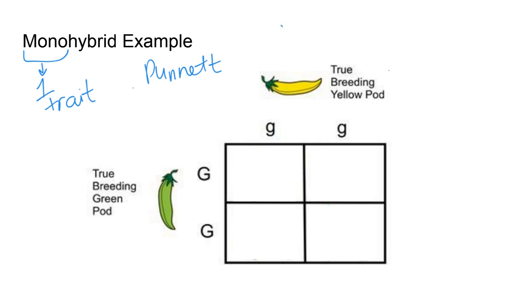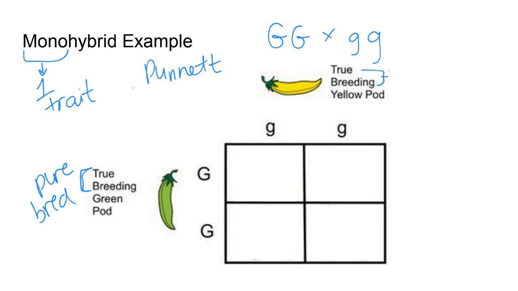So the initial cross is between these two parents, which is a big G, which is a true breeding, sometimes that is called a purebred green pod, and a true breeding or a purebred yellow pod.